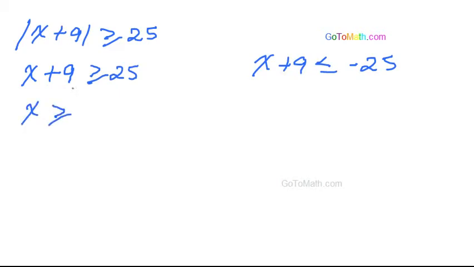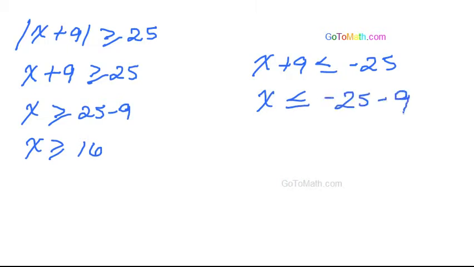So x is greater than, so we bring this 9 over to the right hand side and it becomes negative, and so now we have x is greater than or equal to, and does anybody know what that is? Okay, so x is greater than or equal to 16.